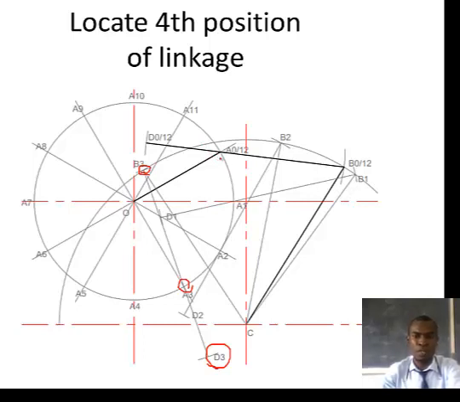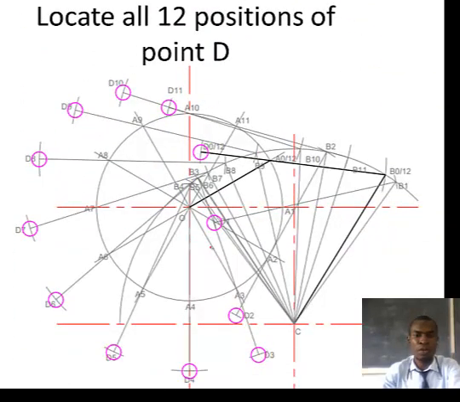Once you locate all 12 positions of the linkages, you are going to have the positions of D as they've been highlighted here with the pink circles. The only outlined position of the link mechanism is the first, which is also the last position. That's all you need to outline to show how the link mechanism looks.